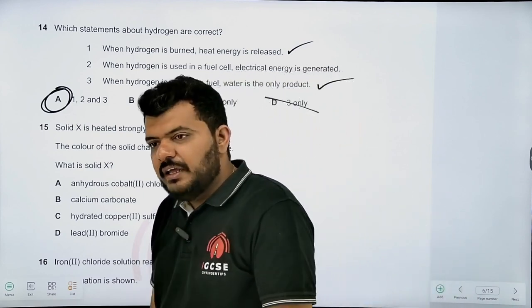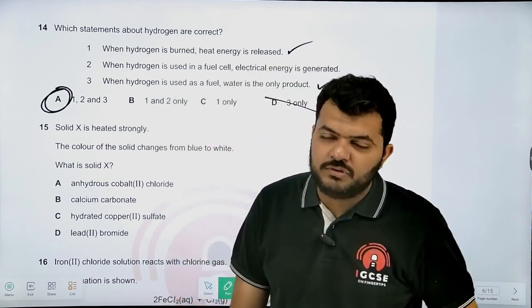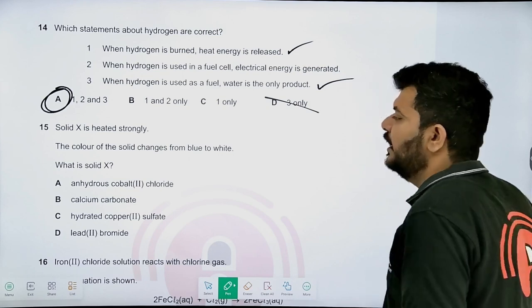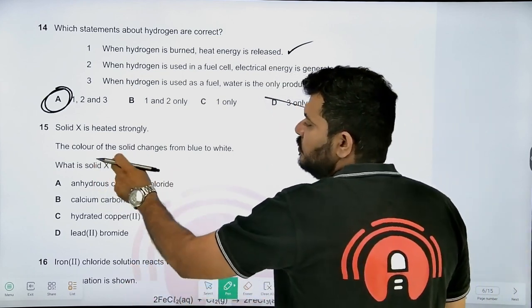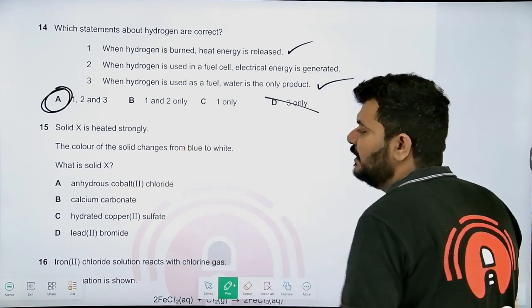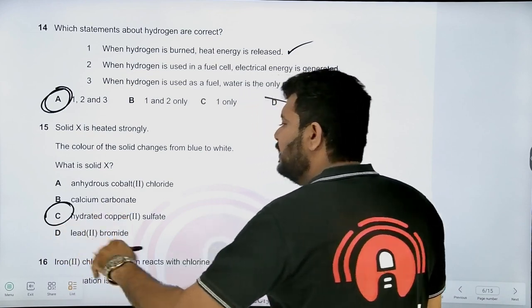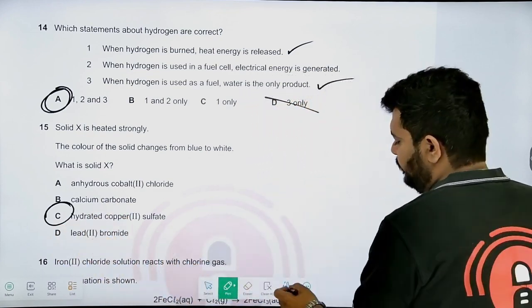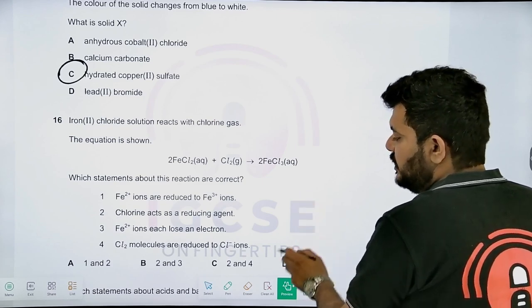Cobalt chloride is blue when anhydrous and pink when hydrated. So what would go from blue to white? It should be hydrated copper sulfate, right? Hydrated has blue color.